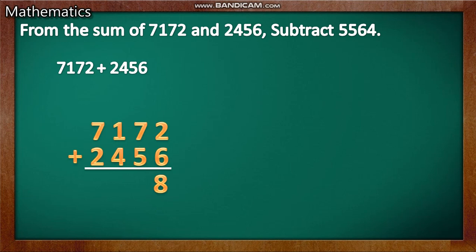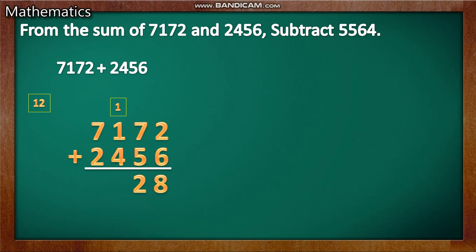Then 7 plus 5: 7 in your mind, 5 in your hand, then count 7, 8, 9, 10, 11, 12. 12 is the answer, a 2-digit number. How do we write 12 here? Write 2 and carry 1 to the next place, the hundreds place.